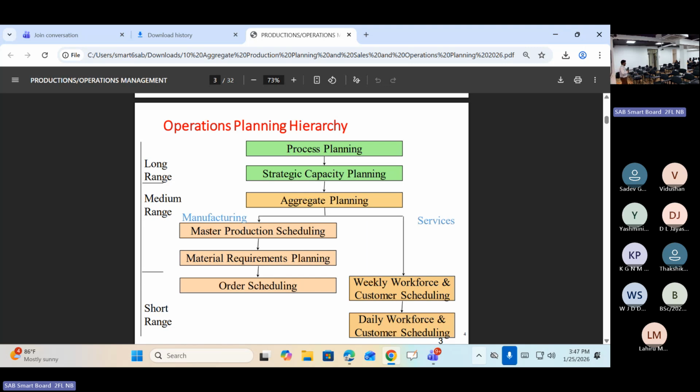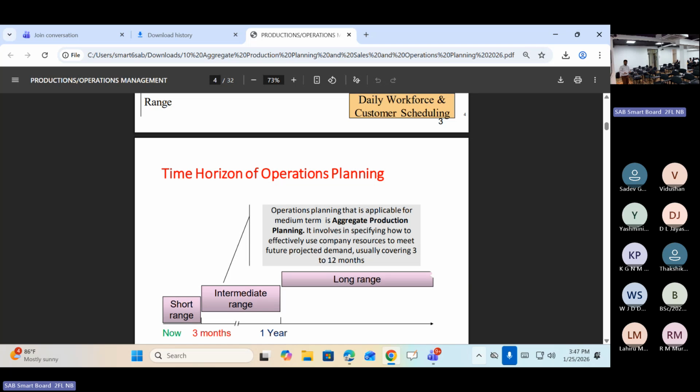Accordingly they plan the daily and monthly service operations activities. Keep that aside for a while. We are going to focus mostly on manufacturing industries and identify what aggregate planning and other planning steps there are.